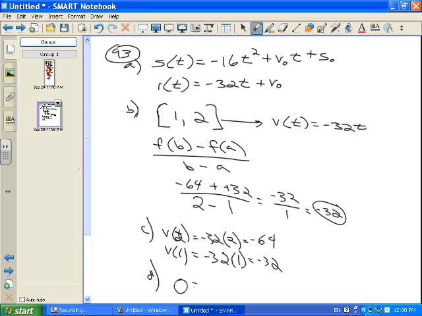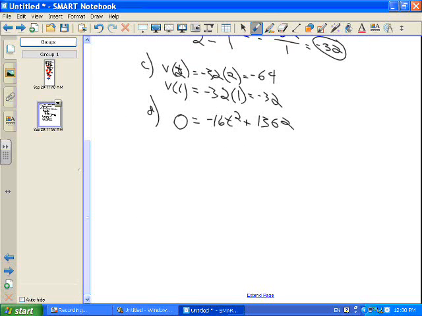0. So when 0 equals negative 16 t squared plus my initial velocity of 0t, so I don't even need that, plus how high was the coin? 1362. So we want to solve this.